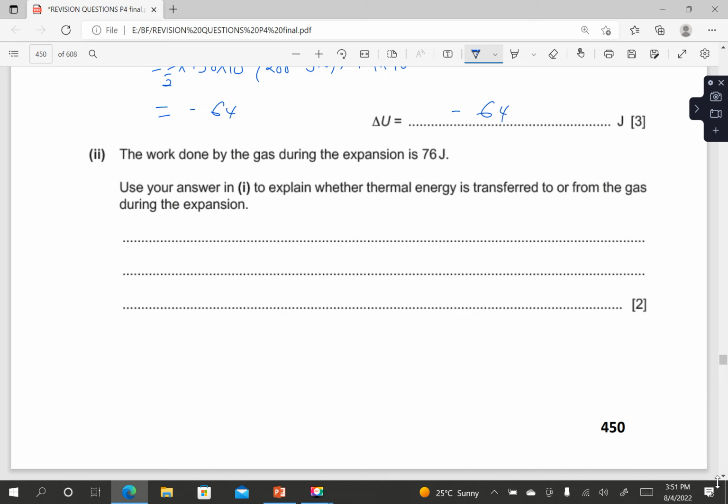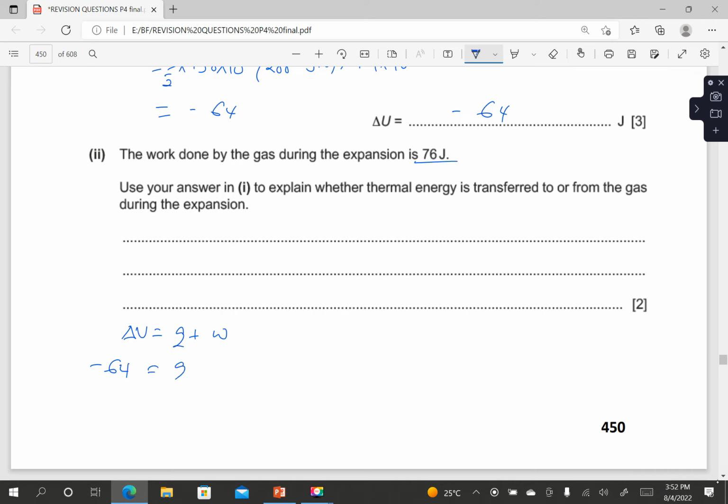The work done by the gas during the expansion is 76 joules. That is the work done by the gas. Use your answer in Roman 1 to explain whether thermal energy is transferred to or from the gas. Using the answer above, we can see that the change in internal energy is equal to the thermal energy supplied or heating to the gas plus the work done. We are saying that the change in internal energy is negative 64 joules.